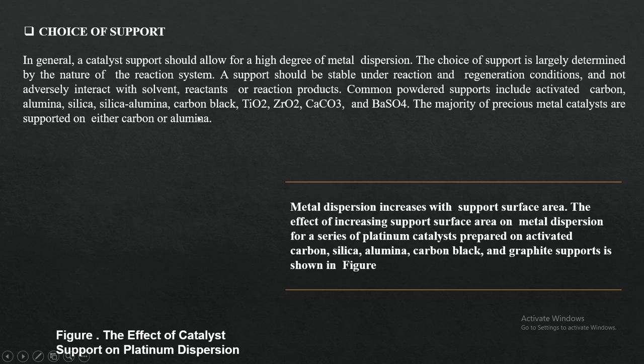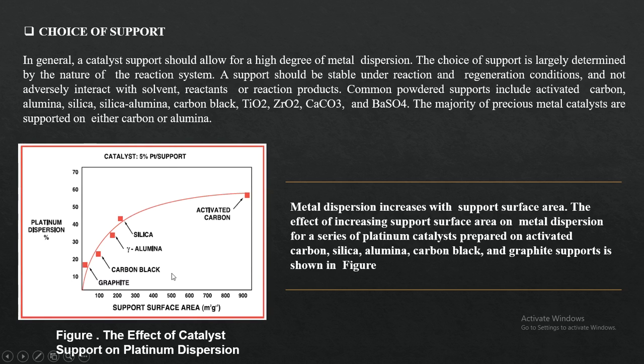The majority of the precious metal catalysts are supported on either carbon or alumina. This graph shows the platinum dispersion. Activated carbon has a large surface area compared to the others.